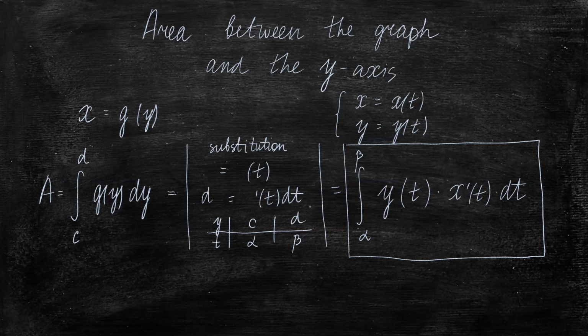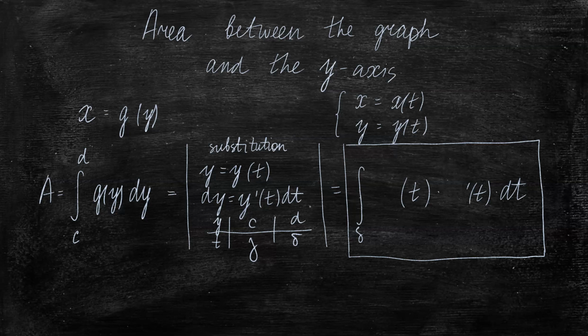Just gonna switch up the notation a little bit. So if y is equal to y of t, then dy will be equal to y prime of t dt, and let's just change this to gamma and delta, and there you go.